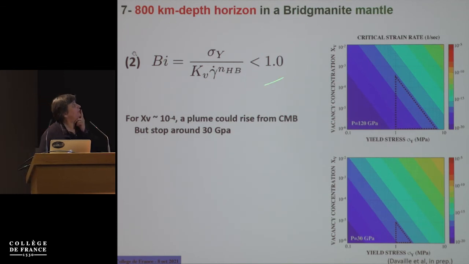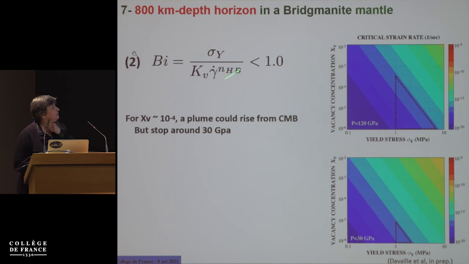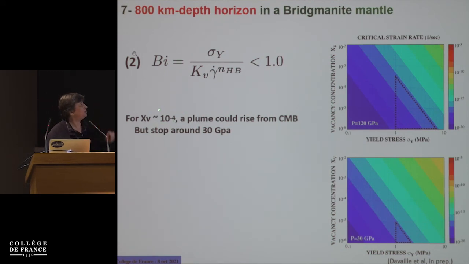And then I've got also this other criterion on the viscous stresses being larger than the yield stress. And in fact, this is going to give me a range of vacancy concentration that could see a plume that is rising from the bottom of the mantle, but then it would stop at the top of the mantle because of the pressure dependence of KV here.